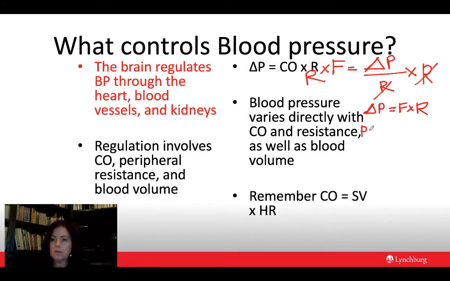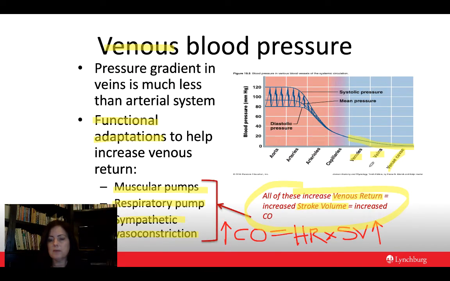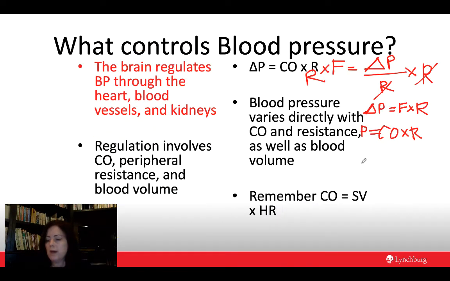So we can say pressure equals flow, and we know that flow is our cardiac output, right? That was a measure of flow of blood to our entire body. So cardiac output times resistance. And we know that cardiac output equals stroke volume times heart rate.